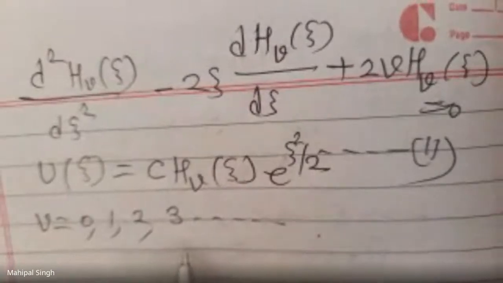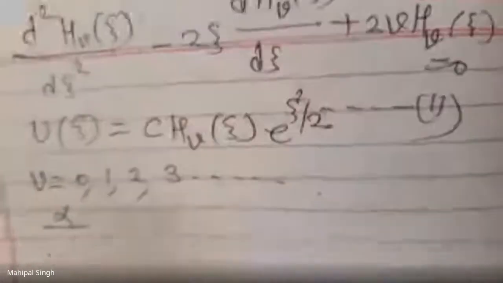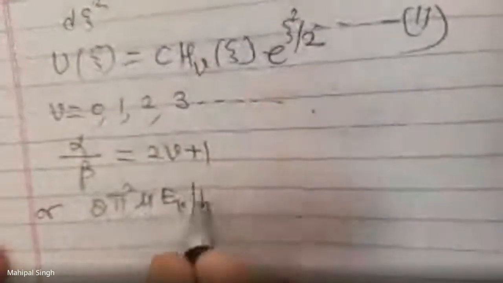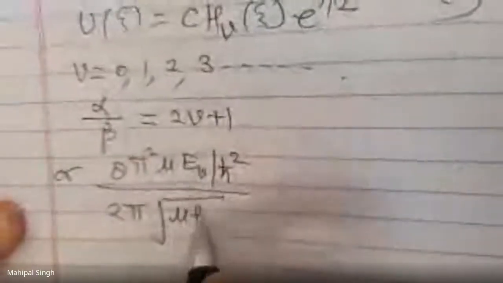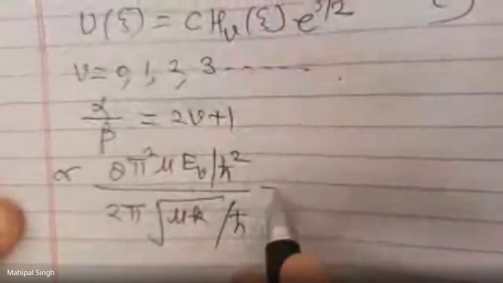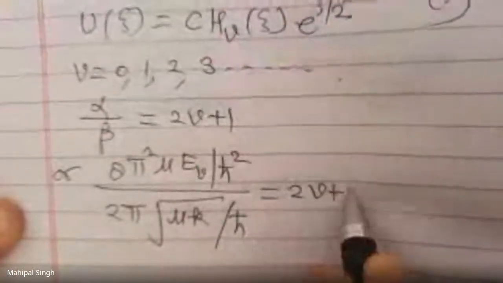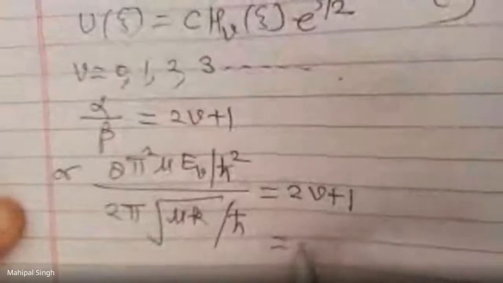We have alpha upon beta equal to 2v plus 1, or 8 pi square nu E upon h cross square upon 2 pi under root mu k upon h cross square, h cross only, equal to 2v plus 1. It will be equal to 2.